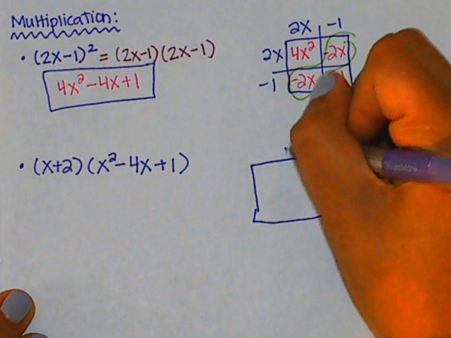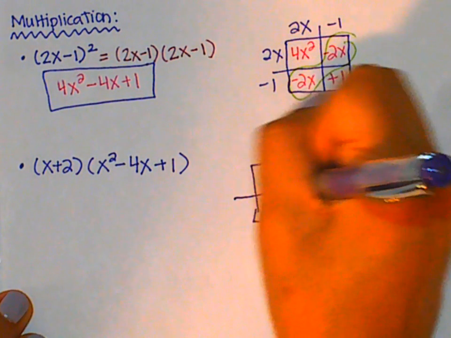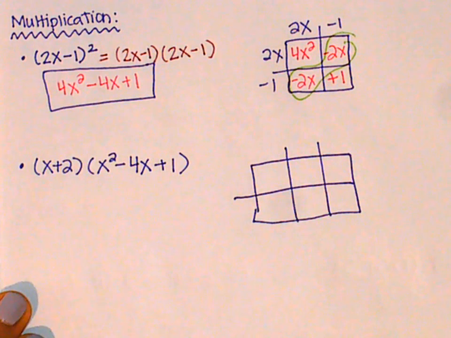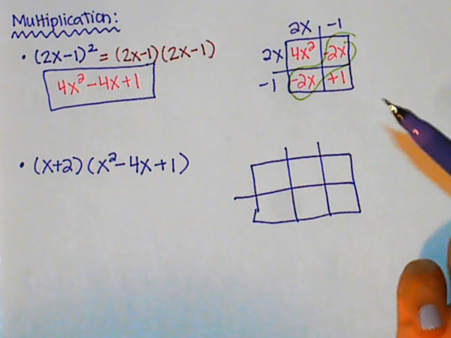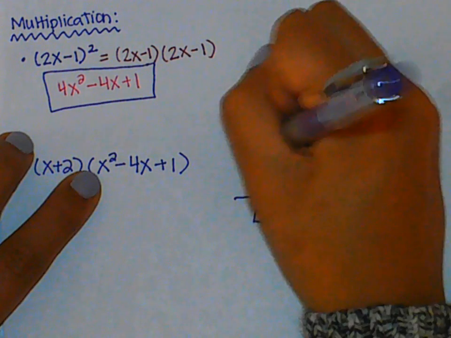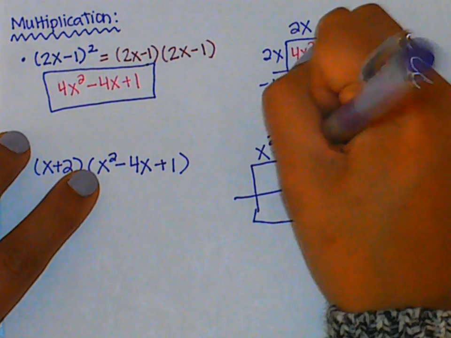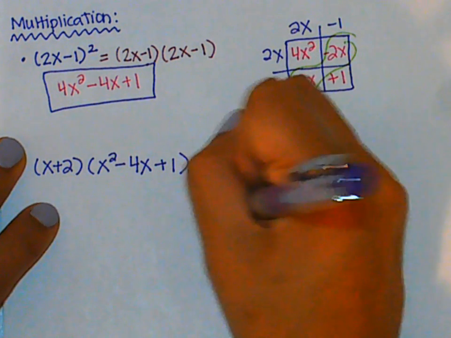So that's going to be 1, 2, and 3 by 2. So now I've made this big enough to satisfy the dimensions of what I'm actually multiplying. So since I have 1, 2, 3 up here, I'm going to put my x squared minus 4x plus 1, and then my x plus 2.